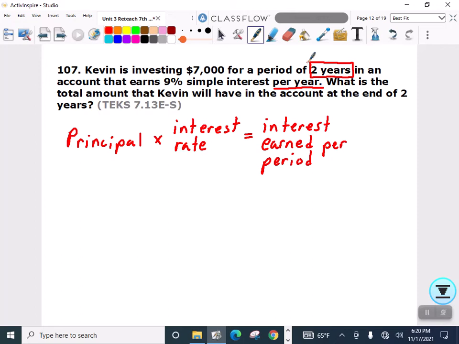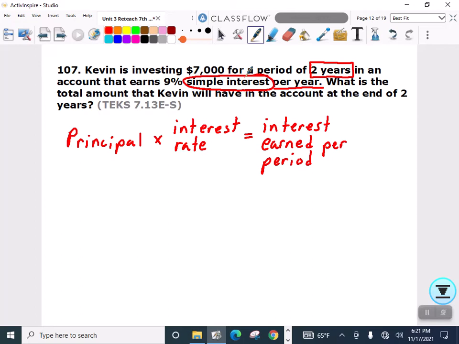Now this is simple interest. That means the first year it's going to earn interest on the principal, and the second year it's going to earn interest on the principal. But it will not earn interest on the previous year's interest. Most of the time we deal with compound interest, but sometimes we deal with simple.